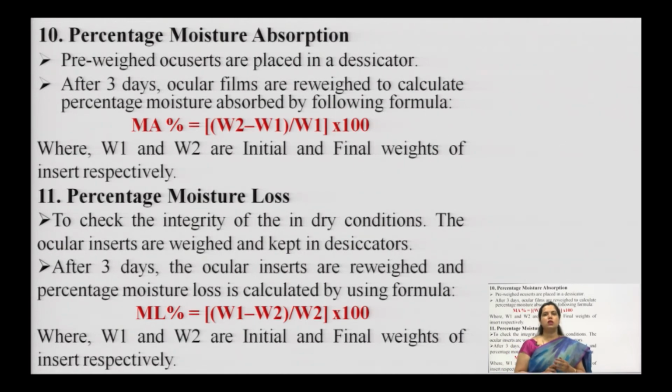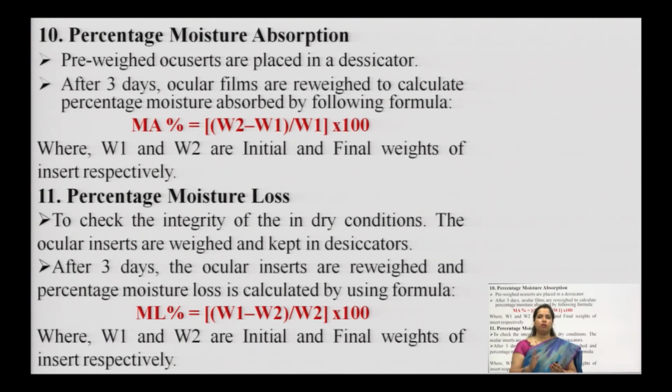Now, percent moisture loss. Percent moisture loss is another evaluation parameter for occluserts, to check the integrity of the occlusert in dry condition. The ocular inserts are wet and kept in desiccators, right. There are conditions for using these contact-lens-like occluserts, that they should be pre-soaked before applying to the eye.